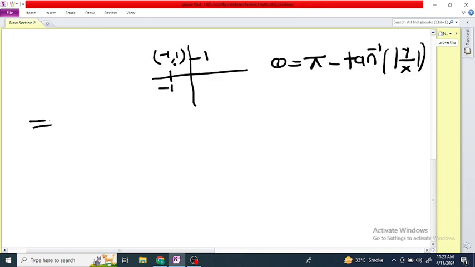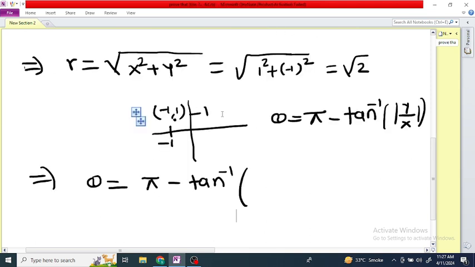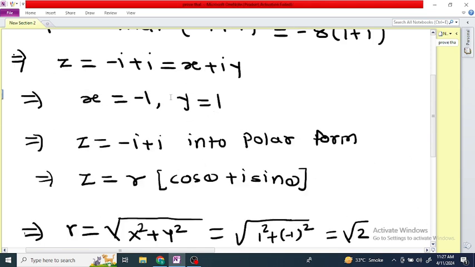So here theta is equal to pi minus tan inverse of, what is the value of y? Sorry, x is -1 and y is 1.